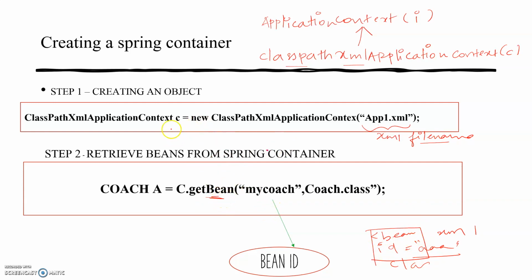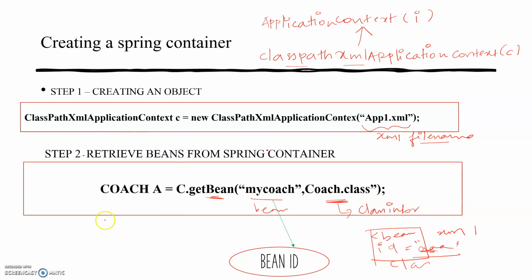The getBean method is present inside your ClassPathXmlApplicationContext, and we call it using the reference variable c.getBean. First we mention the id of the bean object, and then we say which respective class we are retrieving the bean information of. So this is your class information and this is your bean id.